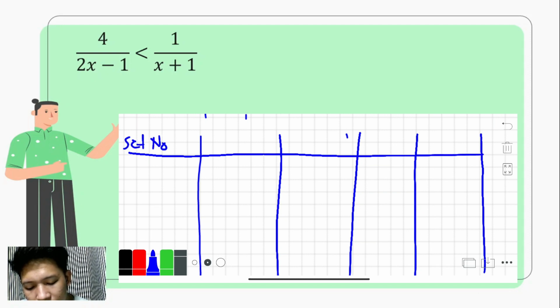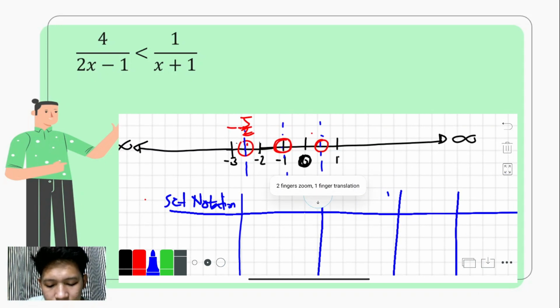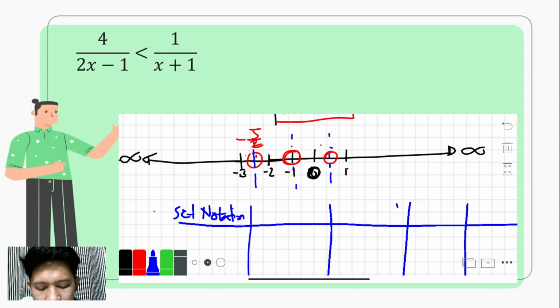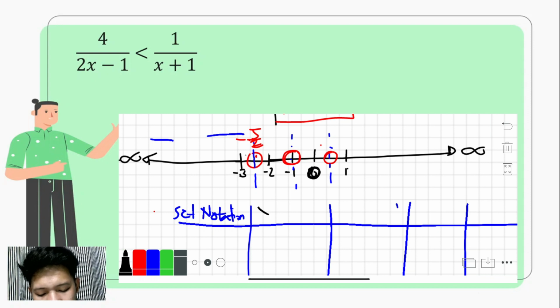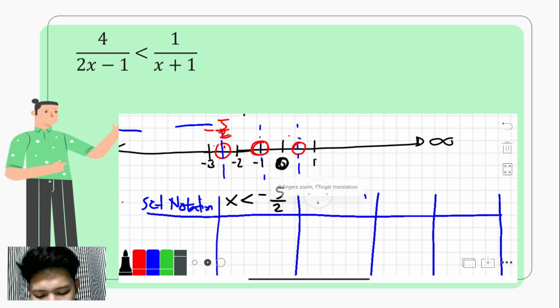Alright? Our set notation for our first partition would be what? Sabi dyan, it's from negative 5 over 2 to negative infinity. So, that would be x is what? X is less than negative 5 over 2. And then, our second partition would be this one.